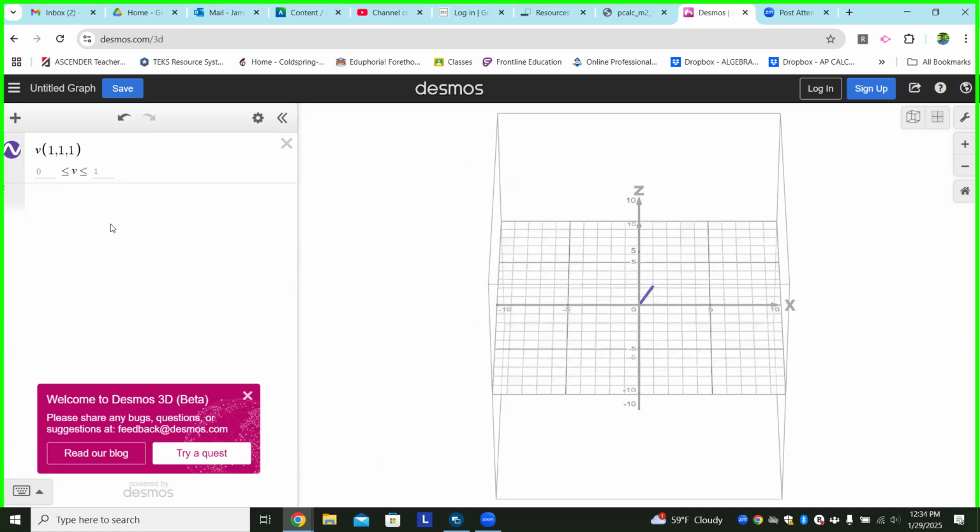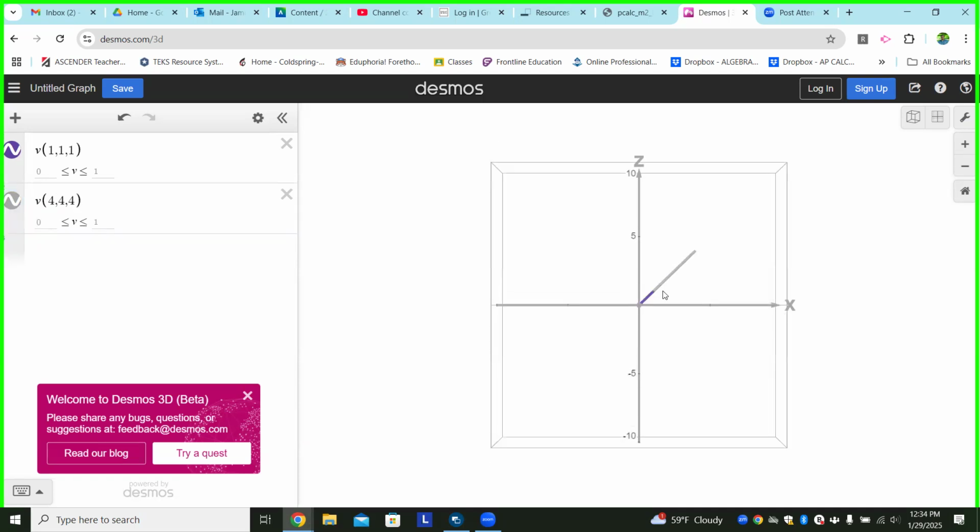And then if I multiply that by 4, again it got 4 times longer on the 2-dimensional plane, but also got 4 times longer in the Z dimension. So it got higher off the XY plane. Make sense?